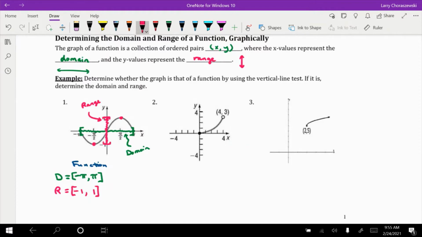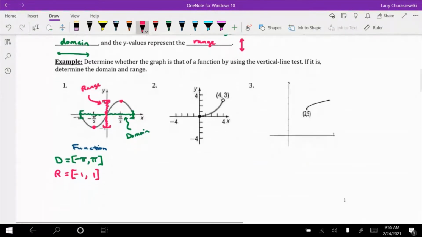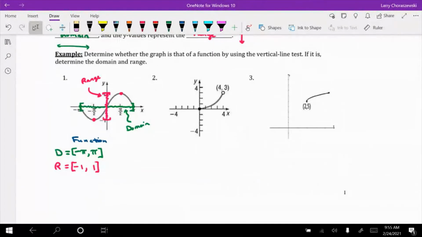All right. Let's knock out a couple more, then we'll take our break. Do you guys think that the graph in part 2 is a function? Would it pass the vertical line test? Yep, certainly would. It is a function.